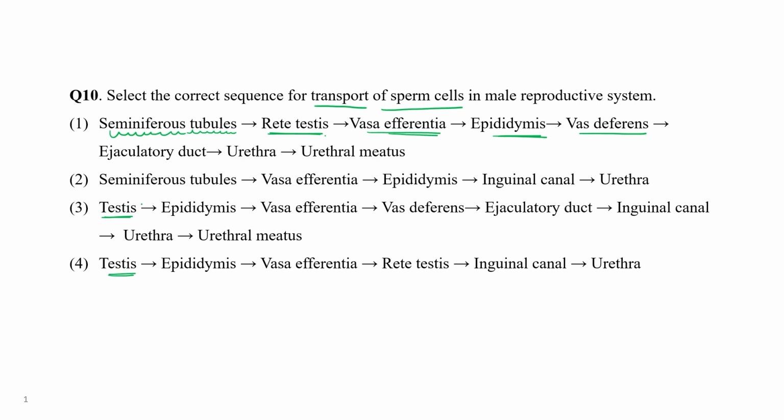Seminiferous tubules are the location where sperm production occurs. In the second choice, right after seminiferous tubules they put vasa efferentia, but seminiferous tubules are connected to vasa efferentia via the rete testis. That's why choice number 1 is the correct answer.